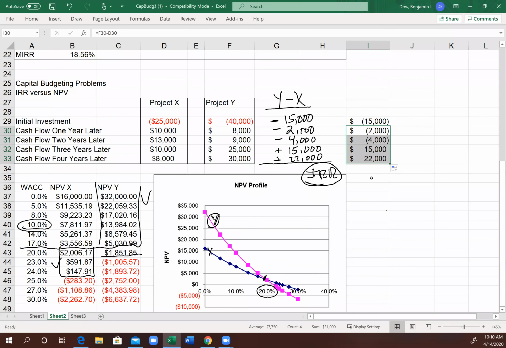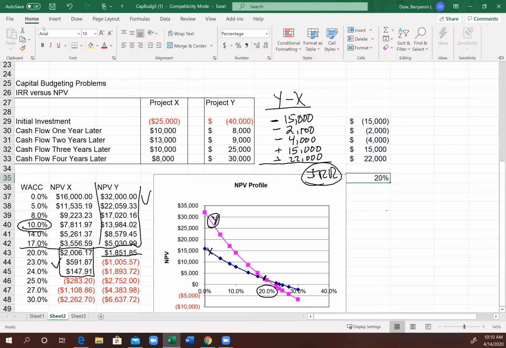Okay, so these are the Y minus X differences. And then I'll go in here and type IRR of the difference between these cash flows, or you can use your calculator. And you can see that the difference in these cash flows has an IRR around 20%. It's actually 19.7.